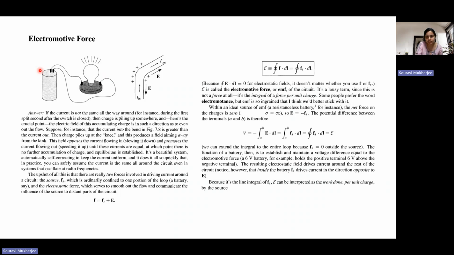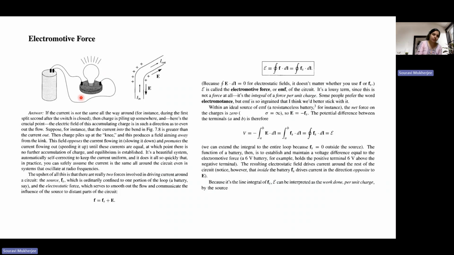If we say you are starting the current here, there has to be a flow of charge from one terminal to the other. So why don't we expect charge accumulation at one end, where at a certain instant of time there'll be more charges somewhere here and fewer charges somewhere here? Why is that not the case?